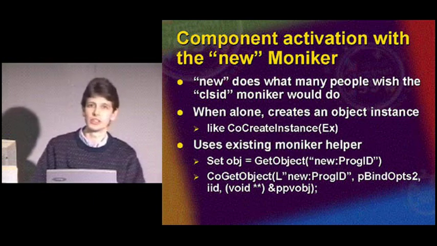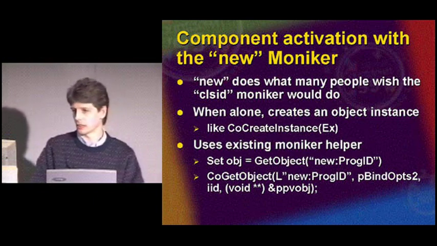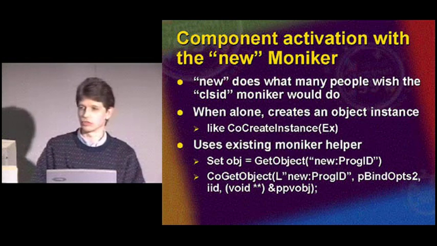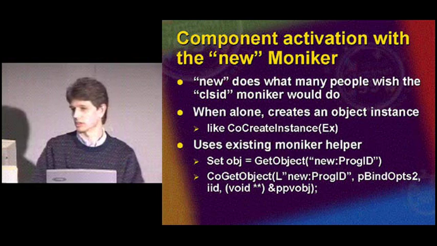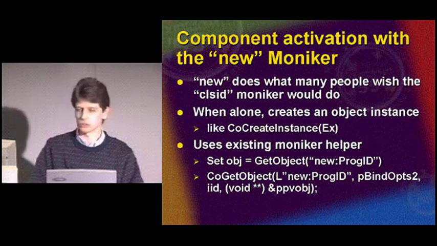It just creates an instance of the object. You can use any of the existing mechanisms for calling a moniker, basically using new: followed by either the prog ID or the class ID. The examples on the slide show Visual Basic and VC.